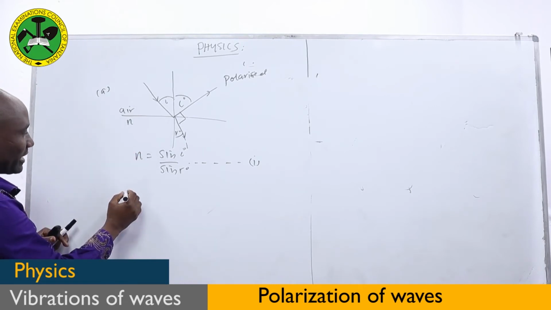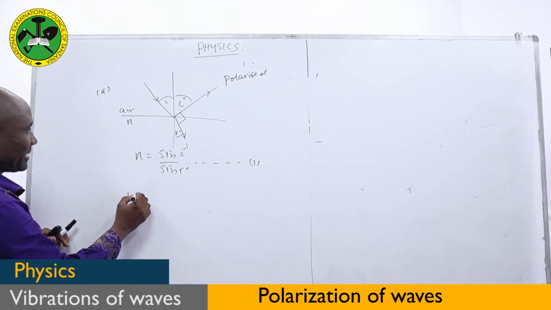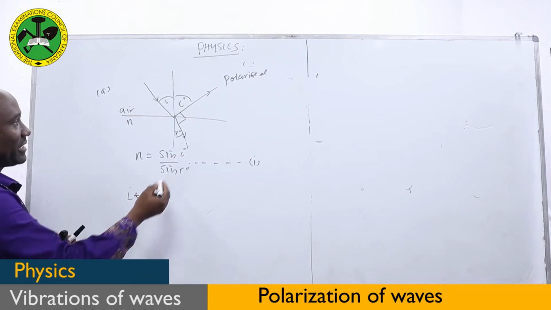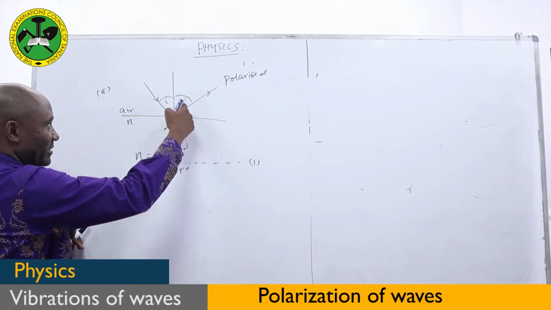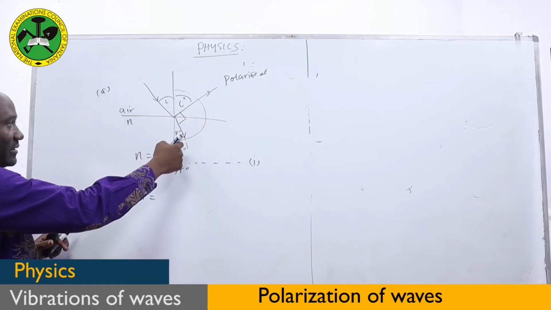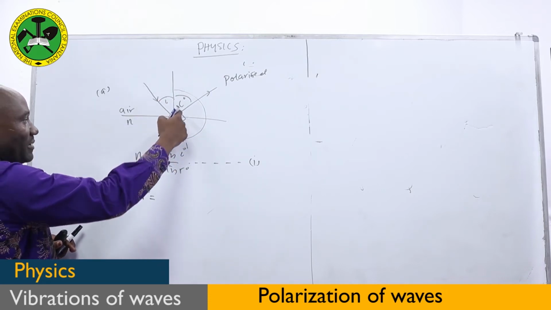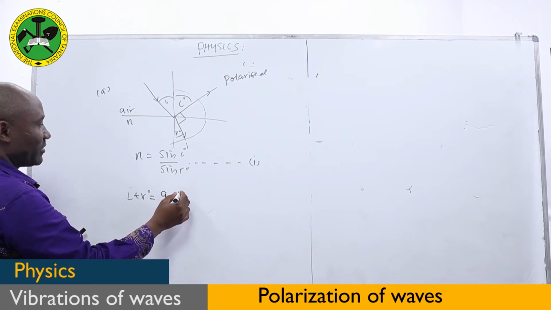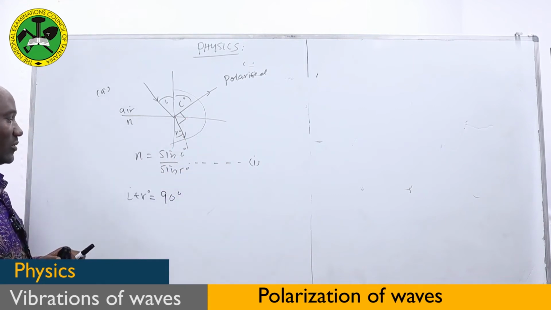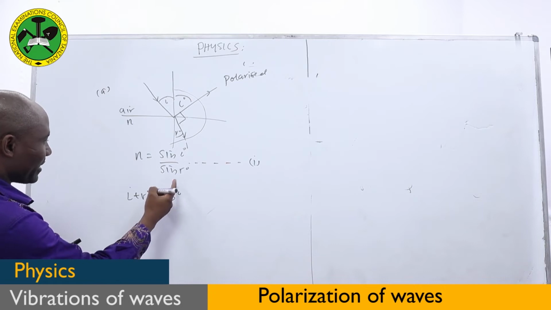But what is I plus R? This angle here is 90. Because the straight line is 180, I plus R should be 90, so that when you add this 90, you get 180. So you make R the subject.